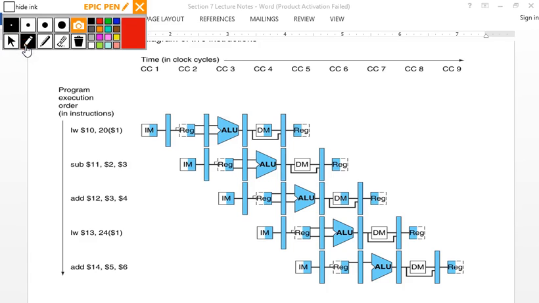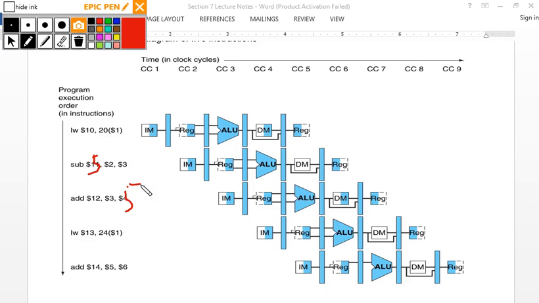So let's say that I have sub, and the result is supposed to go to register 5. But here in the next instruction, I need 5. What's going to happen here is that the result that we want is going to be on this buffer, and it hasn't been written back to the register, but then we're reading from the register onto the ALU. So that's what's known as a data hazard.